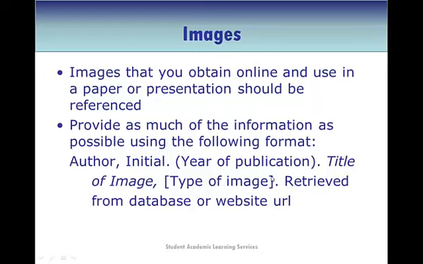So whether it was an oil painting or a schematic drawing or a flow chart, if you didn't create the image, you need to tell us where it came from and describe it, and then tell us what type of image it is. And then you also tell us the retrieve from, and you say www.Google Images or wherever it is you got it from.